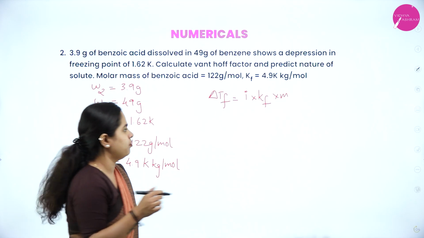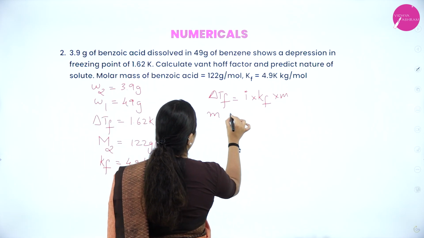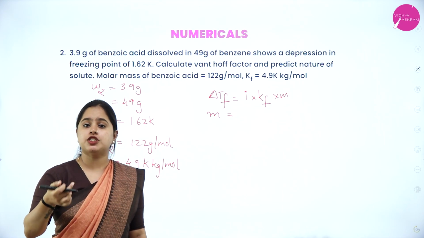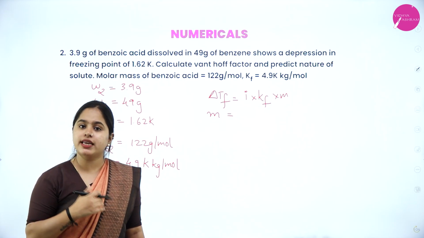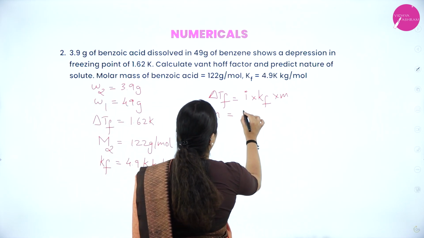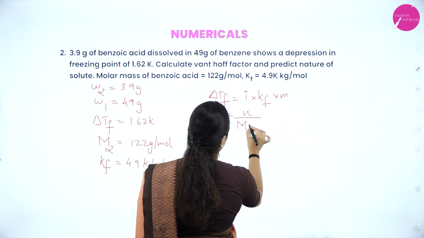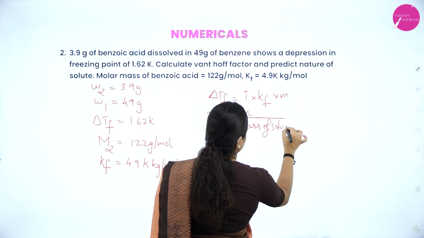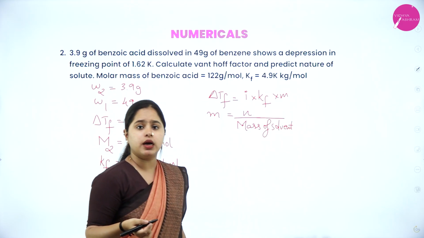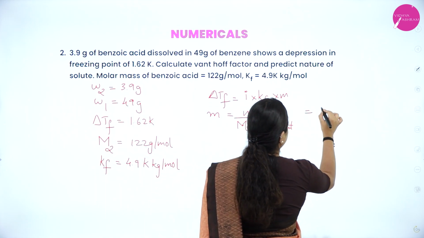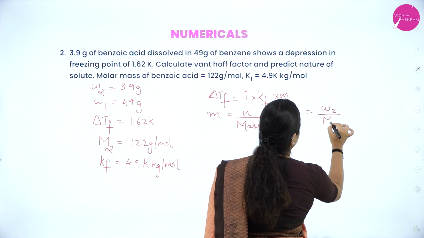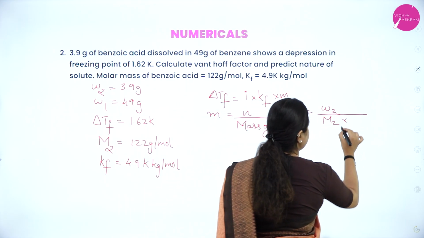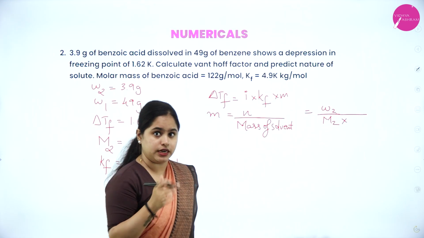Now what is unknown here? That is molality, right? So how do you calculate molality? Molality is the number of moles of solute present in 1 kilogram of the solvent. Number of moles by mass of solvent. How do you calculate the number of moles of the solute? It is W2 by M2, mass by molar mass of the solute. And what else is there in the denominator? It is the mass of solvent, that is W1.